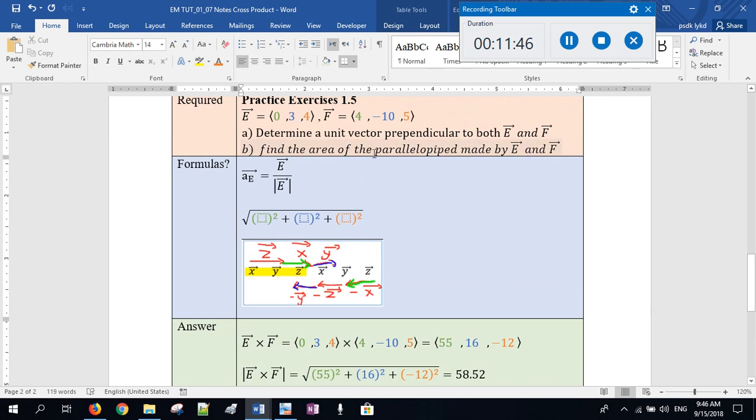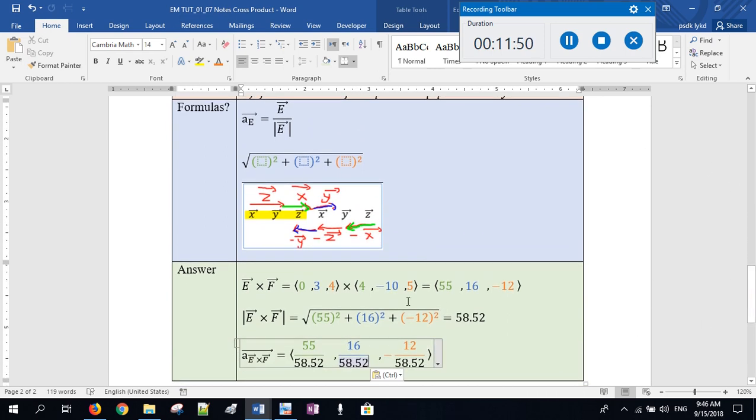The area of the parallelogram made by E and F is the magnitude of the cross product. So this is the area. That's it for this lesson. Don't forget to solve the exercise.